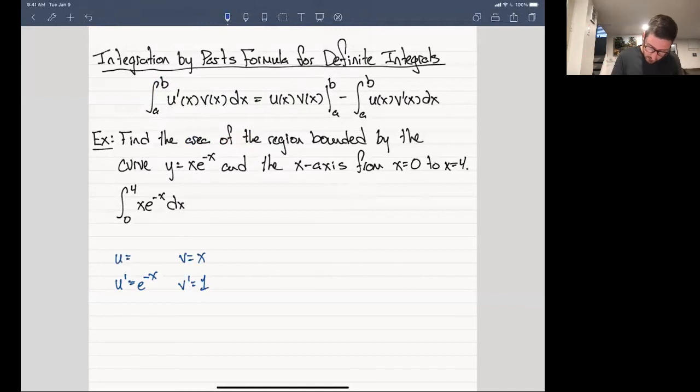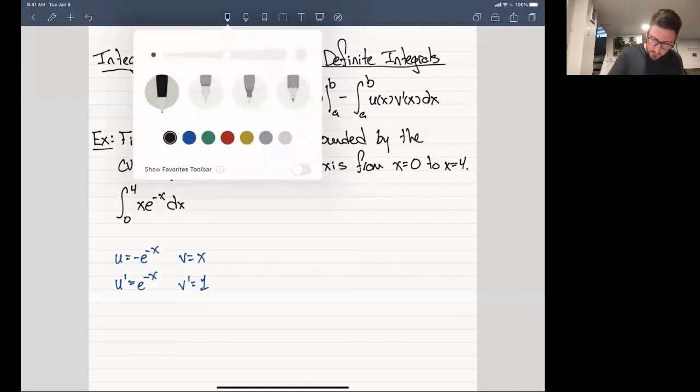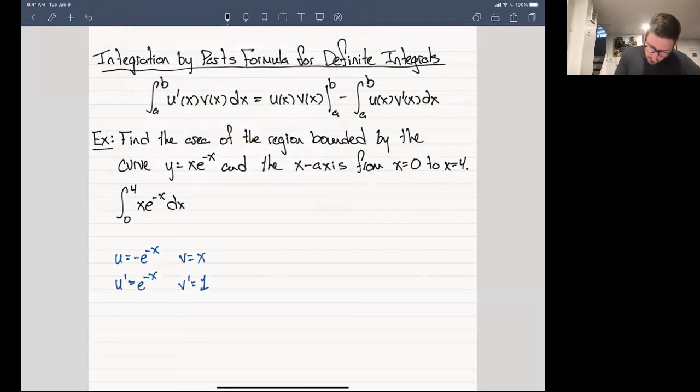And so u is equal to minus e to the minus x. So fairly straightforward. This gives me minus x e to the minus x running from 0 to 4, minus, now that's going to become a plus because of this thing right here, and I get the integral from 0 to 4 of e to the minus x dx.